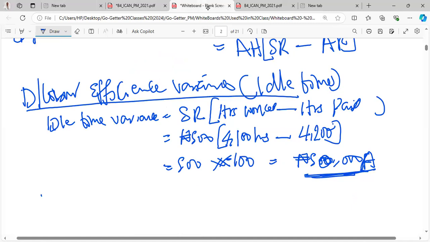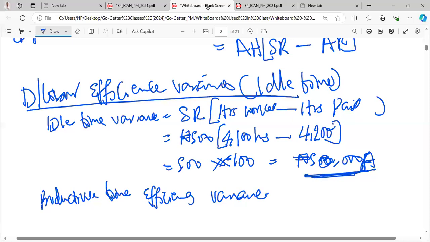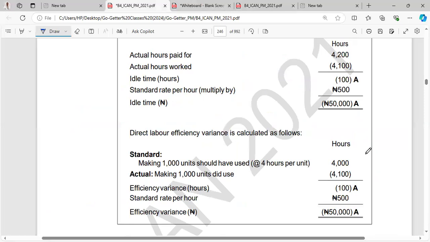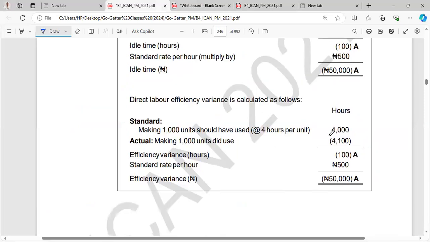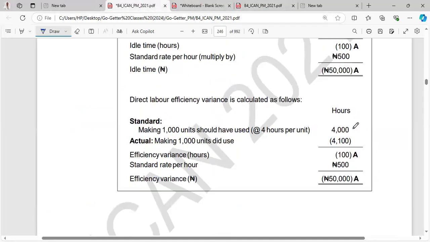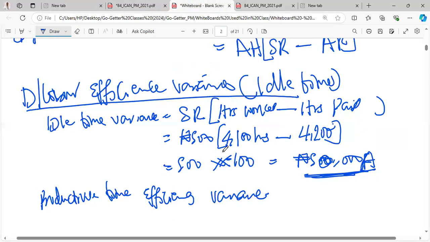Let me give it that name: productive time efficiency variance. So what it means now is it's still the same thing we did before.